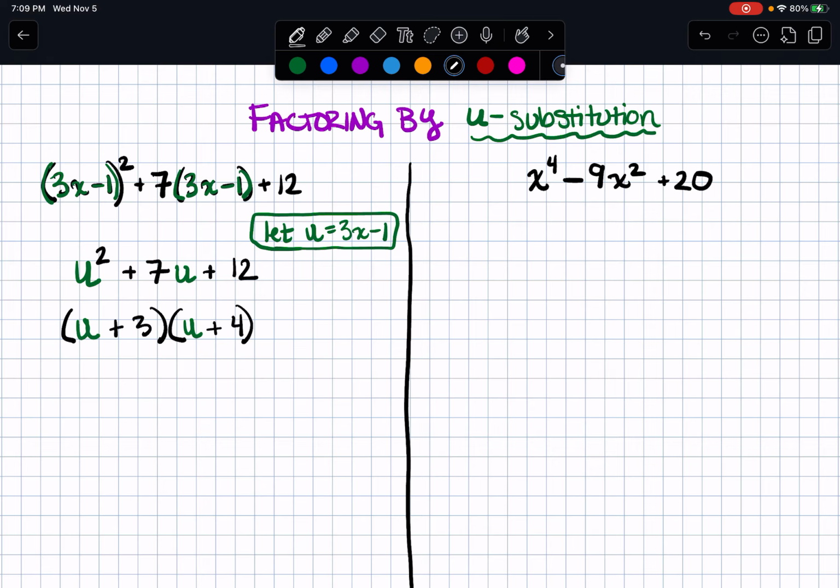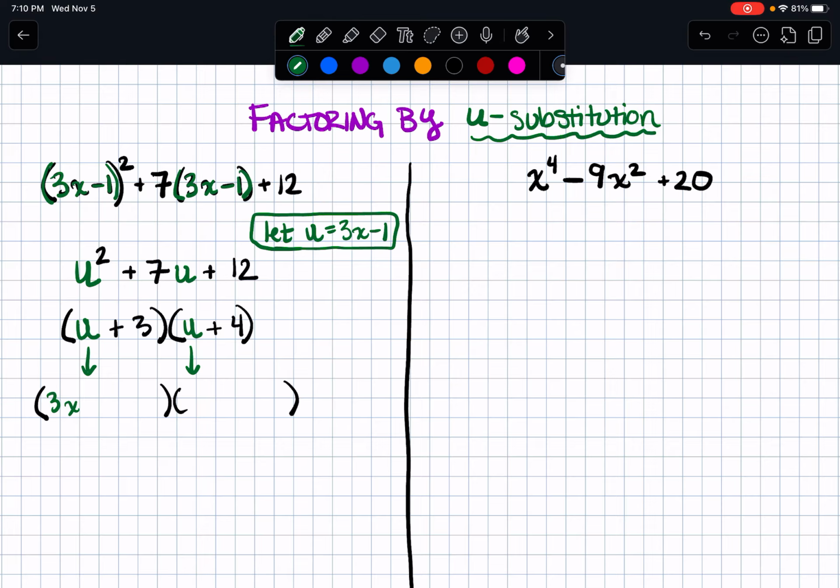However, my original expression was not in terms of u. So I'm not finished at this point just because I factored this simpler thing. Now that I've got it factored, I say, okay, I originally set u equal to 3x minus 1, so I'm going to rewrite this expression. I'm going to put the 3x minus 1 back in and see what I've got.